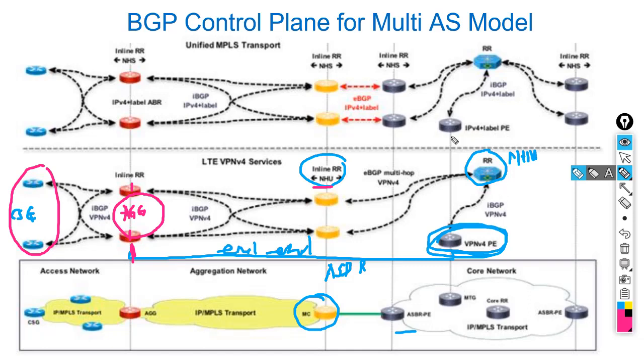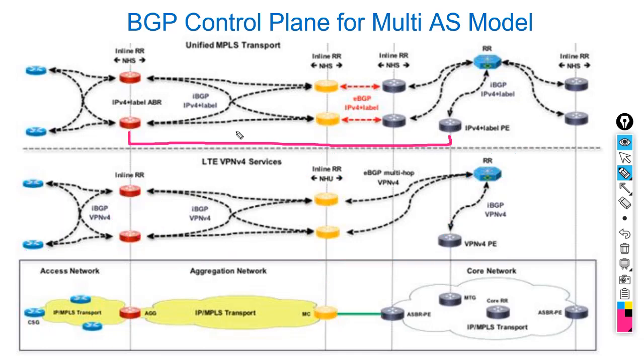In order to do that, we need to advertise the IPv4 loopback address of PE in the core network to the RR and then to the metro network, and also the IP address of AGG needs to be advertised to BGP and advertised to the core network.